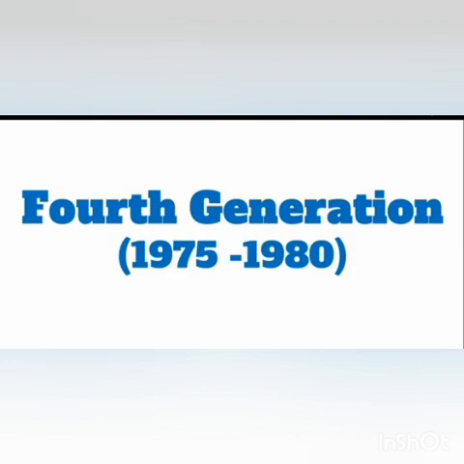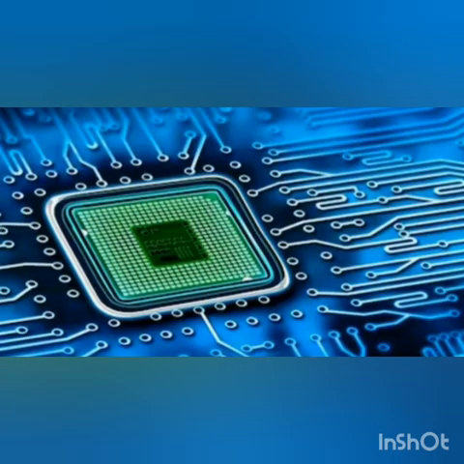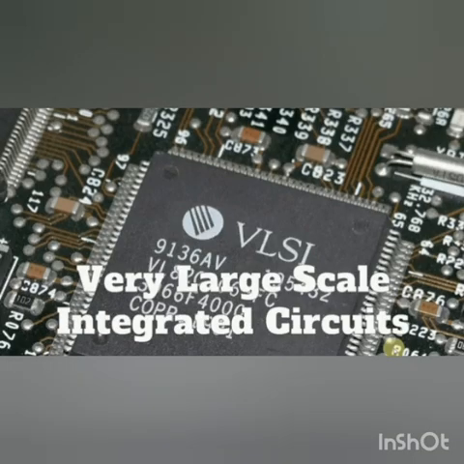Generation 4, and the period used in the fourth generation is 1975 to 1980. The component used in the fourth generation is microprocessor VLSI, that is very large scale integrated circuit. This is the image of microprocessor very large scale integrated circuits.